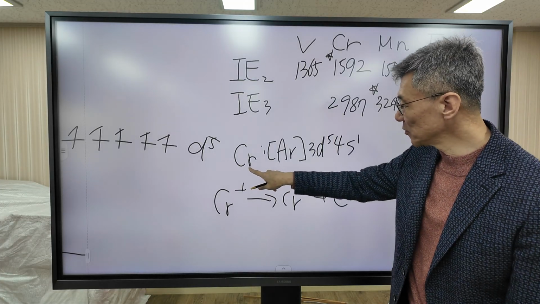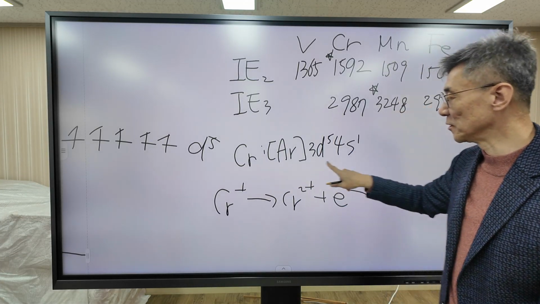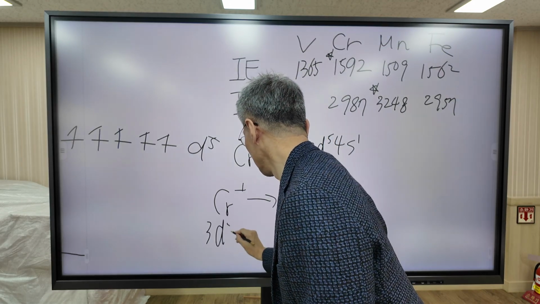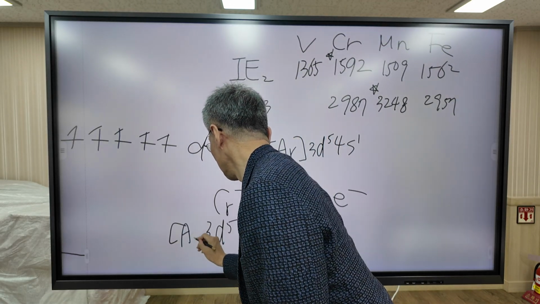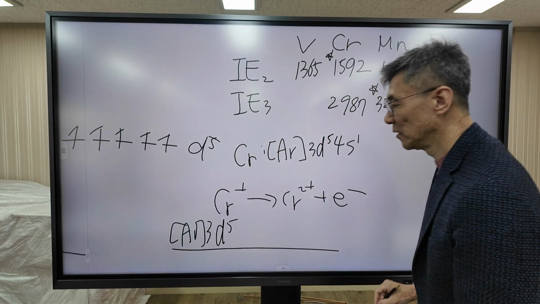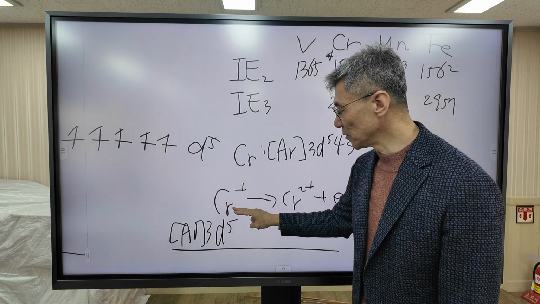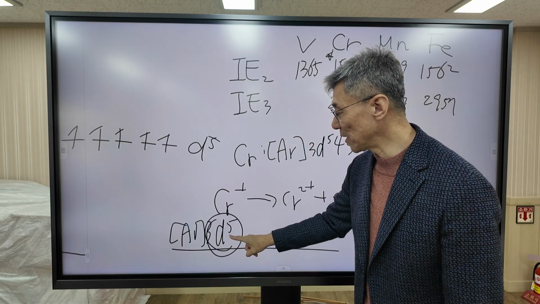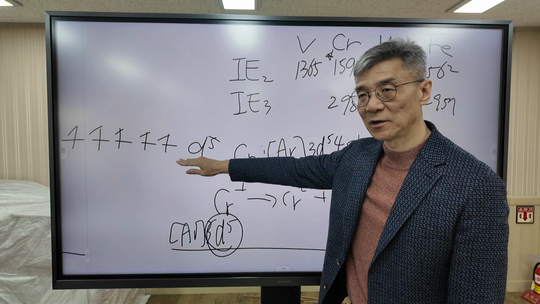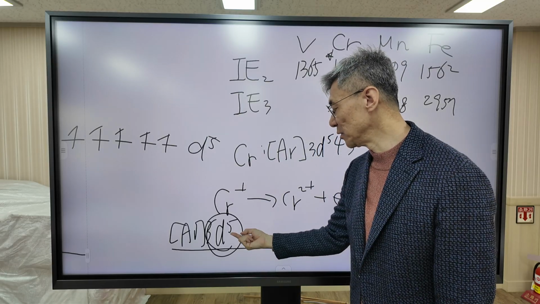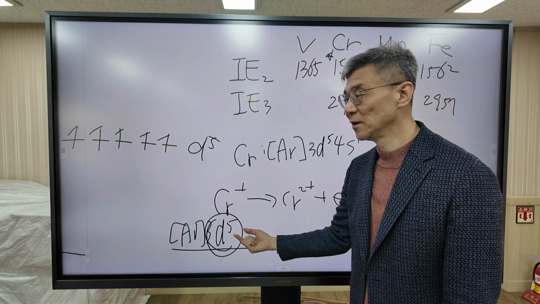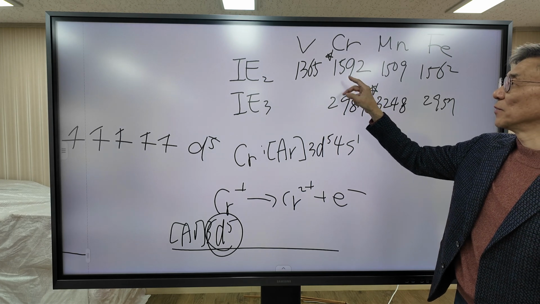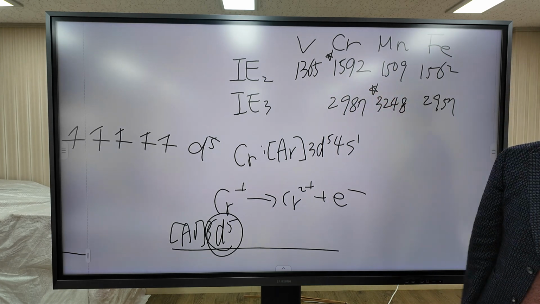The electronic configuration of chrome is this one. So the electronic configuration of Cr+ is 3d5. As I said before, 3d5 is very, very stable. So it is very hard to remove an electron from Cr+. So the ionization energy is very, very high compared to vanadium and manganese.